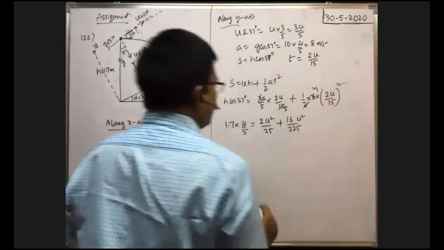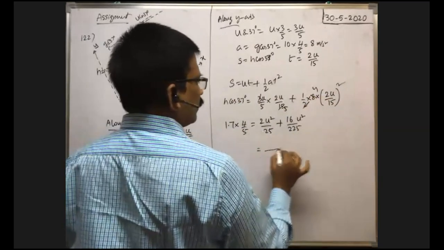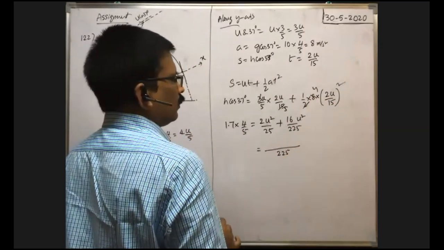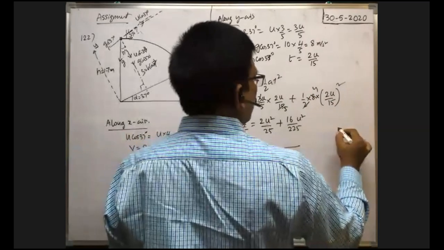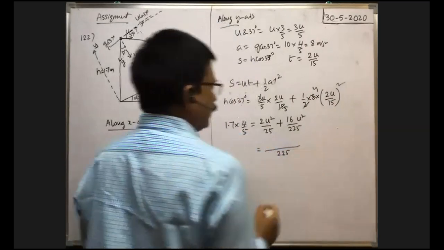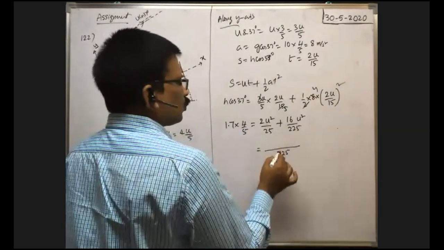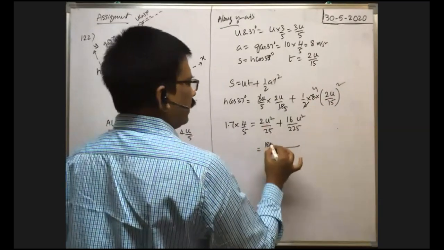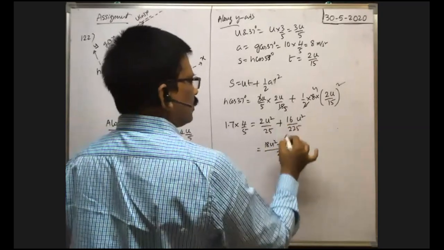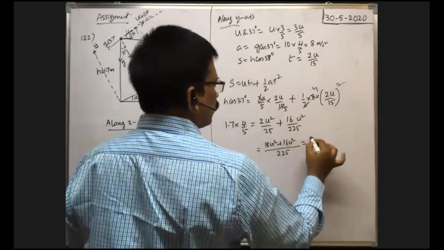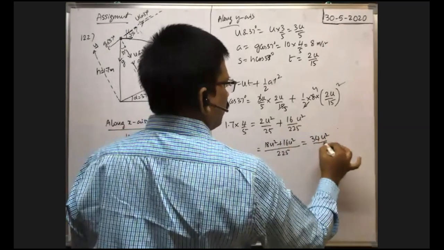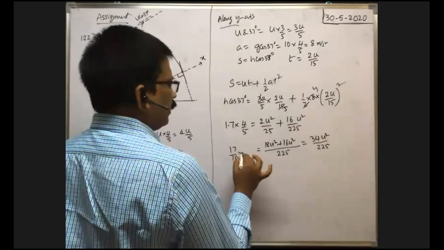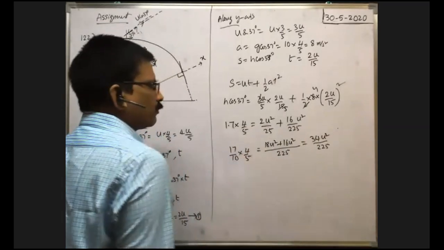Now you take the LCM there. 225 is the LCM. What is the LCM here? Okay, 25, 225: 25 9s are 225. 9 into 2, 18. So 18u square plus 1 into 16, which means 16u square, that is equal to 34u square by 225, that is equal to 17 by 10 into 4 by 5 we can write.